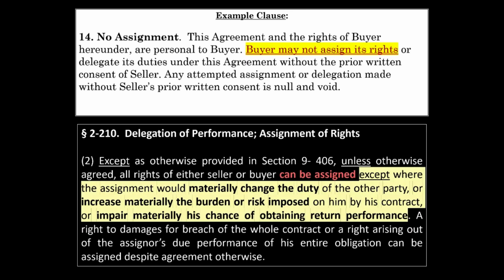So, even if the parties' contract does not include an express term validly prohibiting the assignment of rights, Article 2 implies such a term that prohibits an assignment if the assignment would materially change the duty of the non-assigning party, because the non-assigning party would now have to render performance to some new party, namely the assignee, making the performance by the non-assigning party more burdensome or risky.